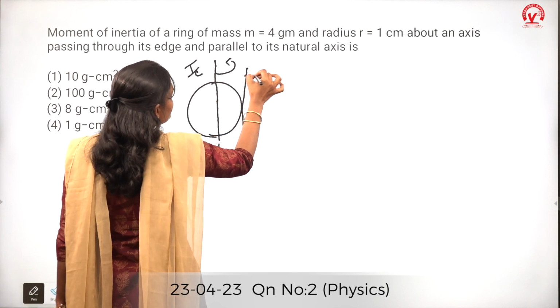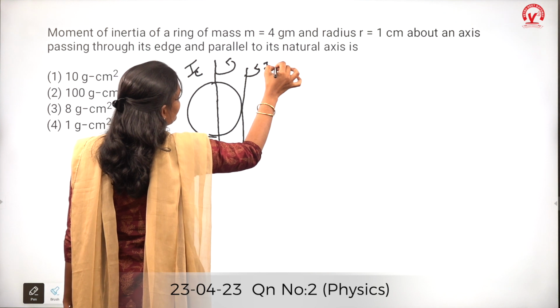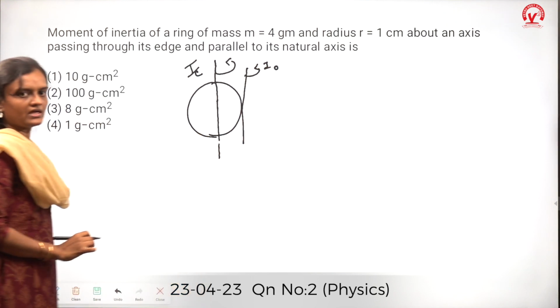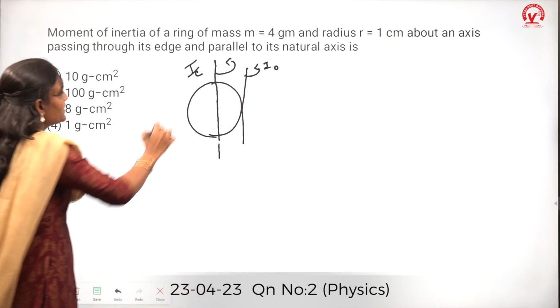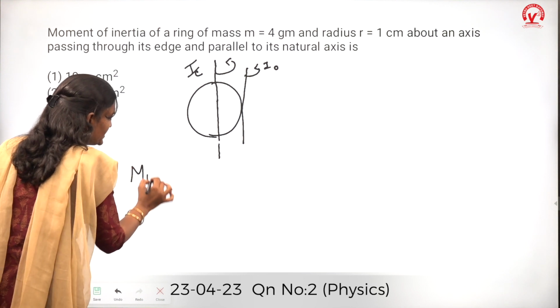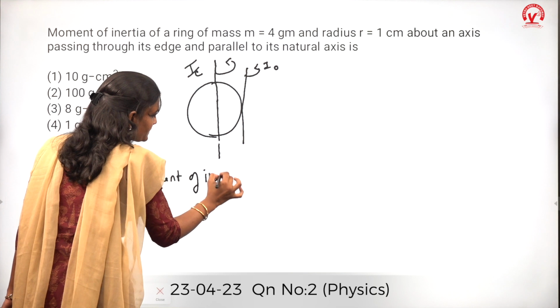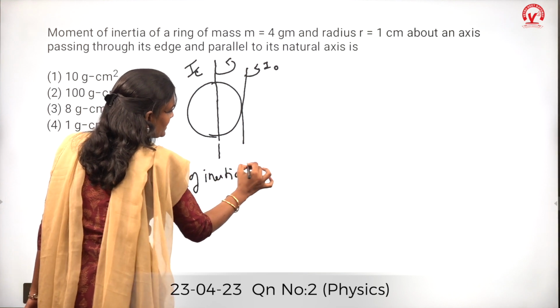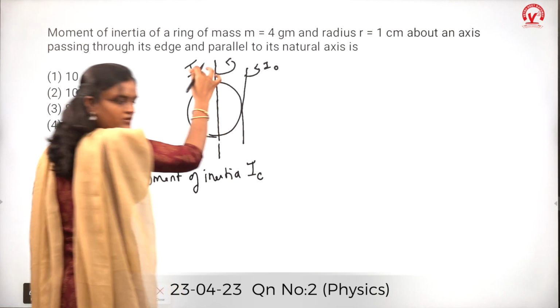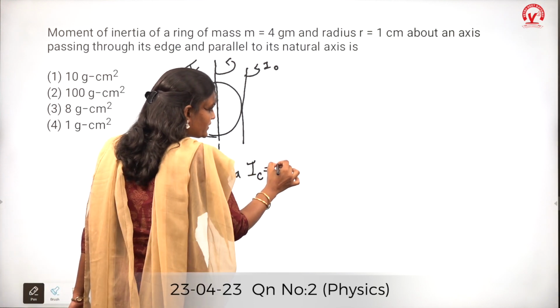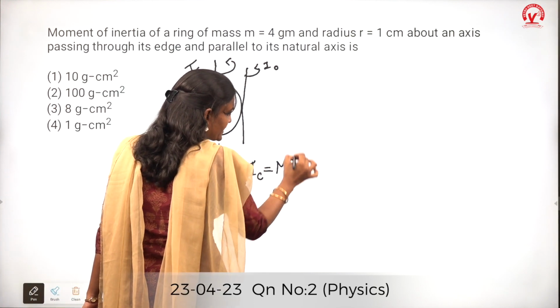Now I am going to take this moment of inertia as I0. Now, the moment of inertia IC, which is passing through the center, is equal to MR squared.